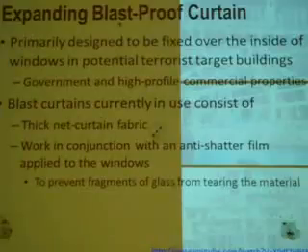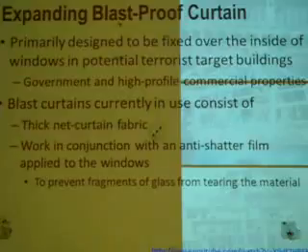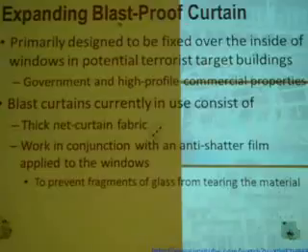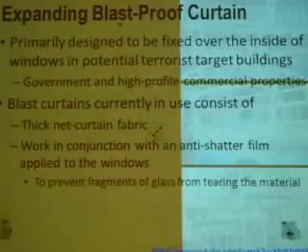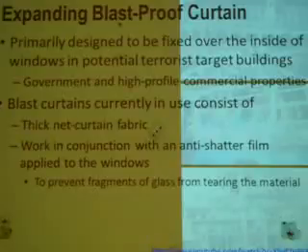It has been primarily designed to be fixed over the inside of windows in buildings which are potential terrorist targets, such as government offices and high-profile commercial properties. Glass curtains currently used consist of thick net curtain fabric, which are applied in conjunction with anti-shatter film applied over the glass of the window.